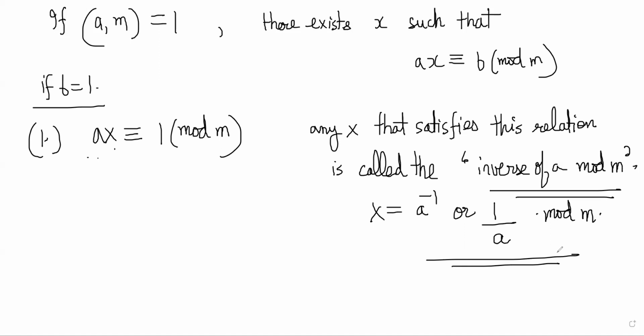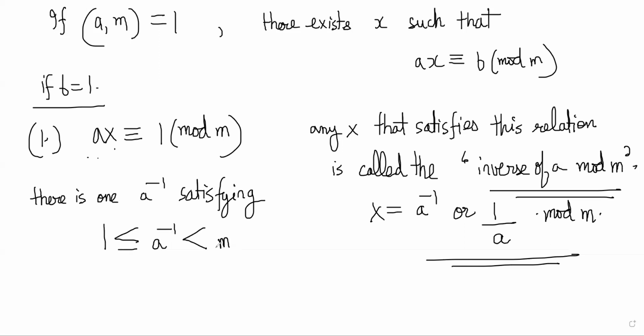And because this relation is true for some x, the inverse definitely exists, right? There is one a inverse satisfying 1 is less than or equal to a inverse is less than m, right?